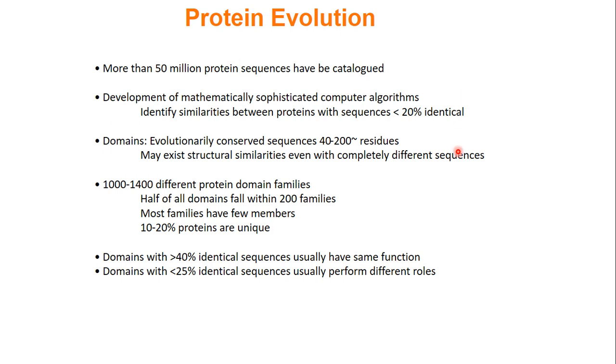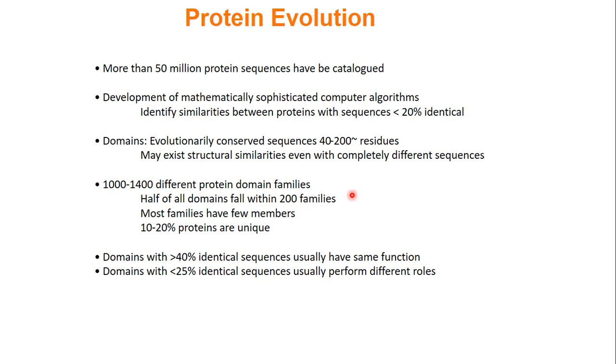And what we have seen after we've looked at all these proteins is that certain proteins have what we call domains. That is 40 to 200 residues that don't change that much. Don't change structurally, I should say.